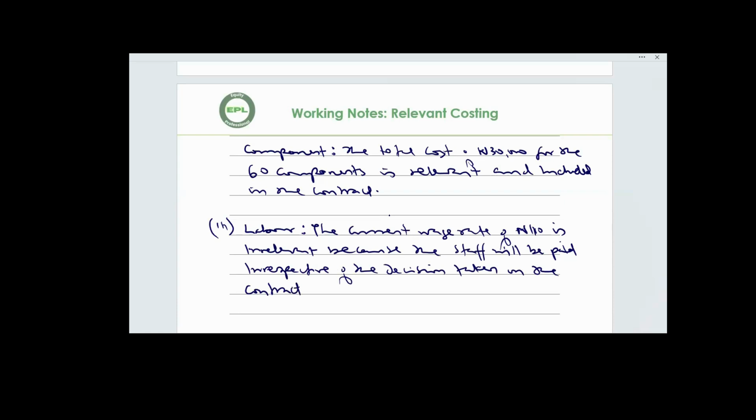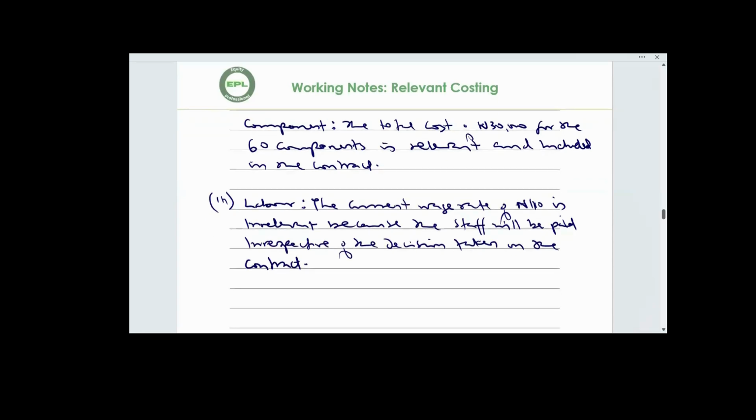Whether the company executes the contract or not, you must pay. Therefore, it is irrelevant.